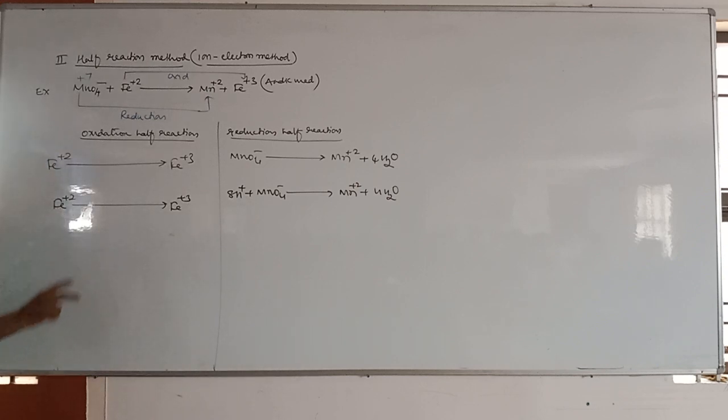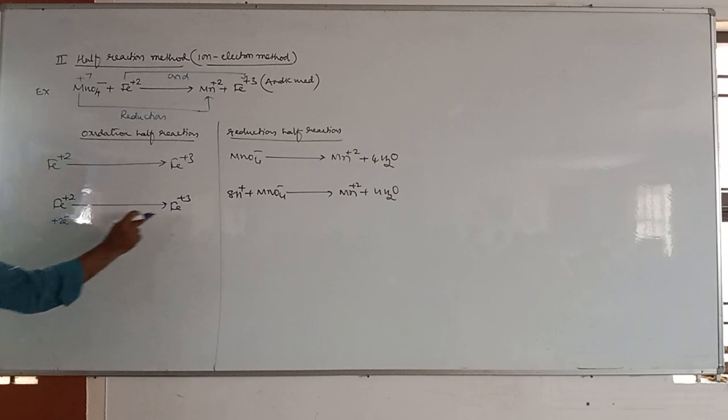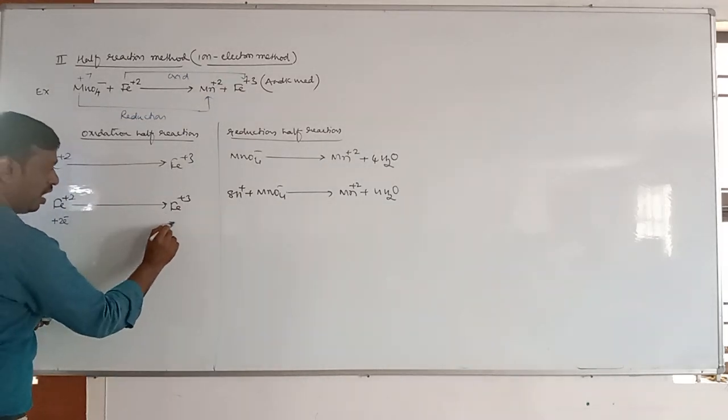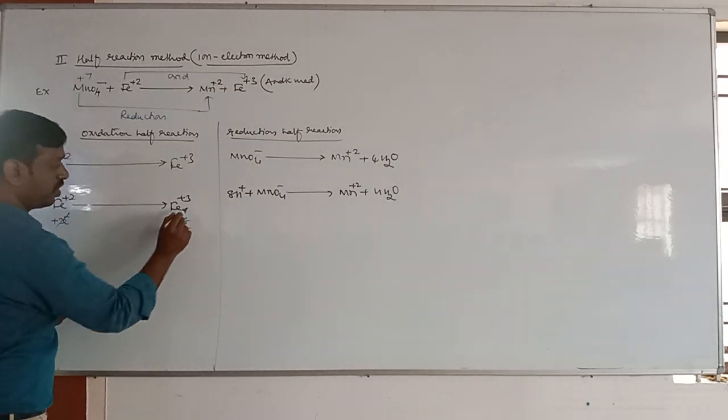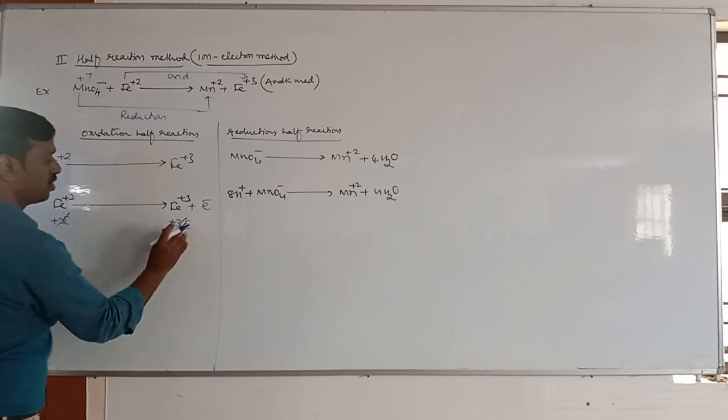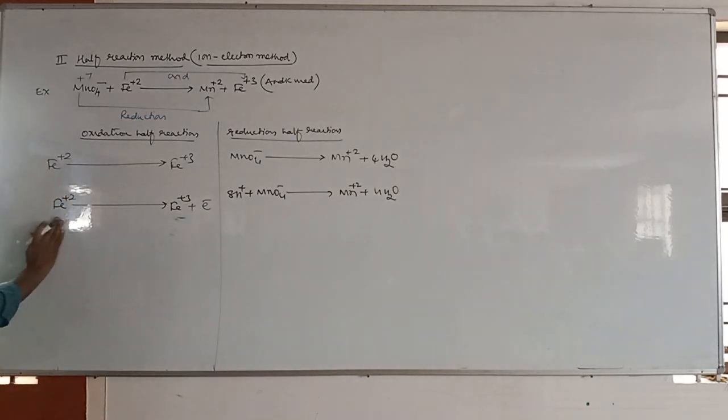This Fe plus 2 indicates a deficiency of how many electrons? 2 electrons, therefore I'll add 2 electrons here. Here a deficiency of how many electrons? 3 electrons, I'll add 3 electrons here. Cancel 2 electrons, what is left? 1 electron. Therefore this is balanced.